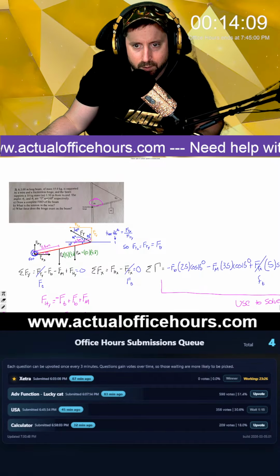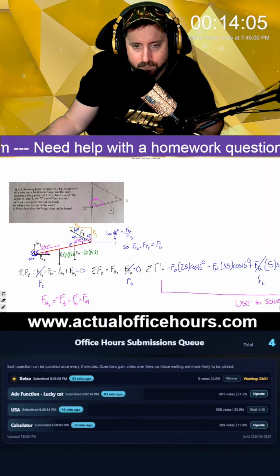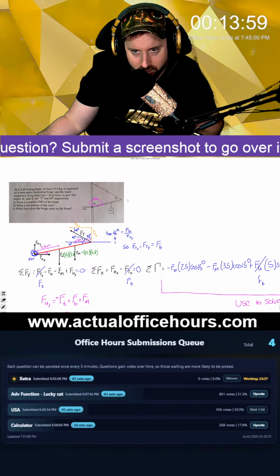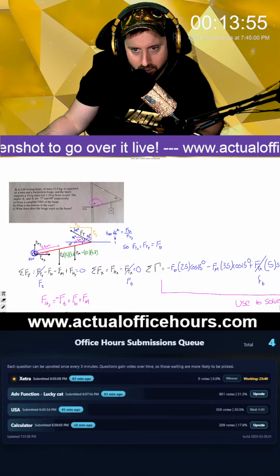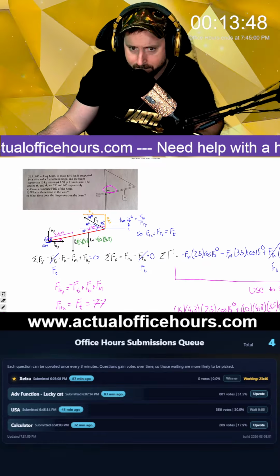I feel like that's okay. Theta 2 is 15. But that whole thing there is 60 degrees, so that's 45 degrees. Yes, that makes a 45-degree triangle. 45, 45. I think FTX equals FTY. I'm cool with that.